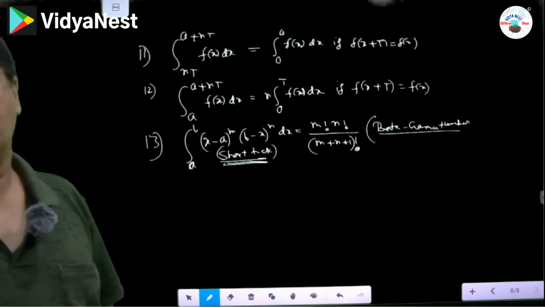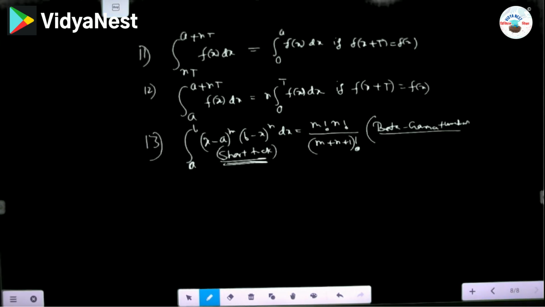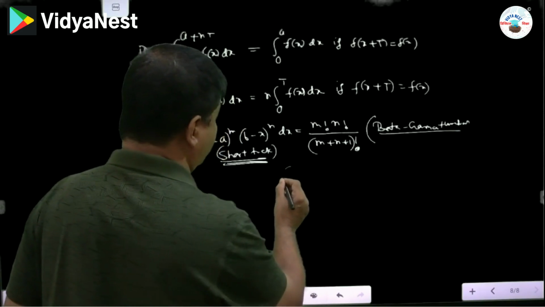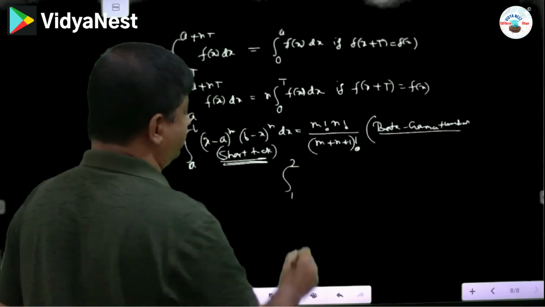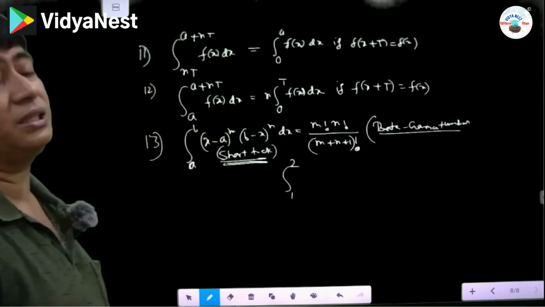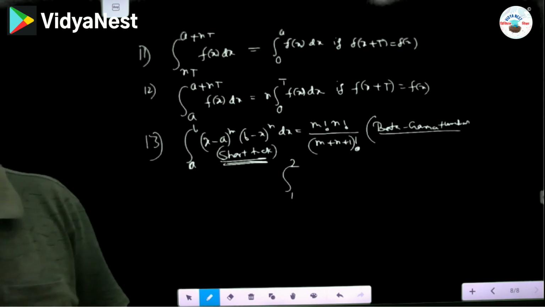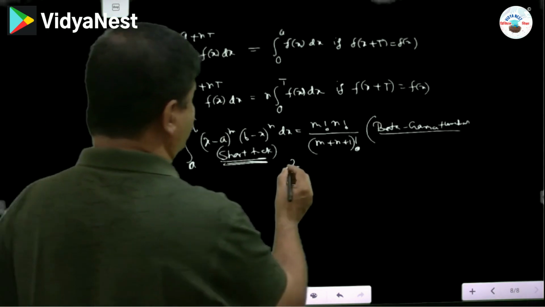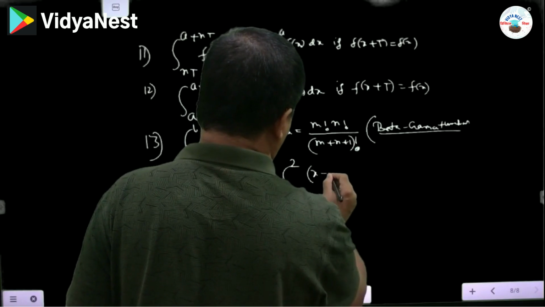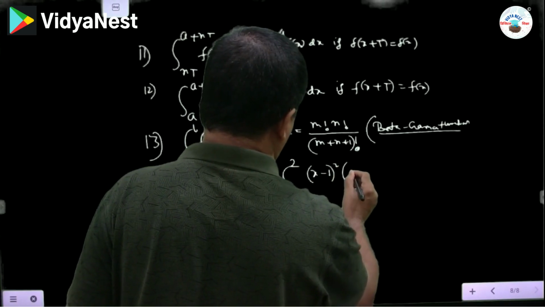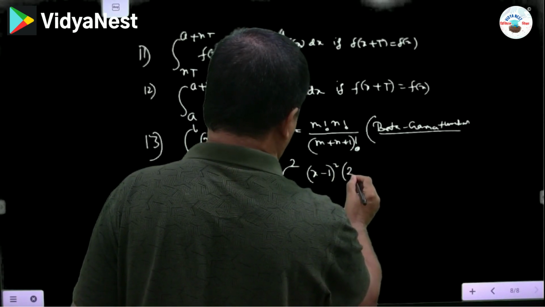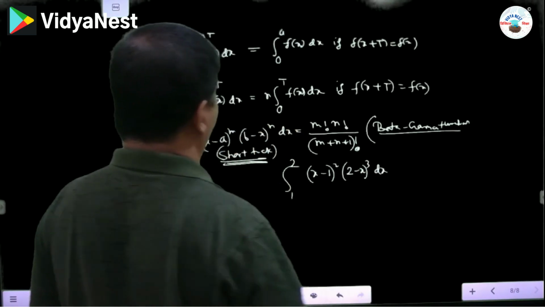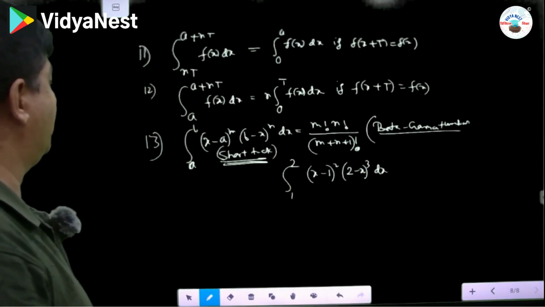Let us take one help of this formula. Suppose you have got an integration of this type, 1 to 2, x minus 1 whole square and 2 minus x whole cube dx.